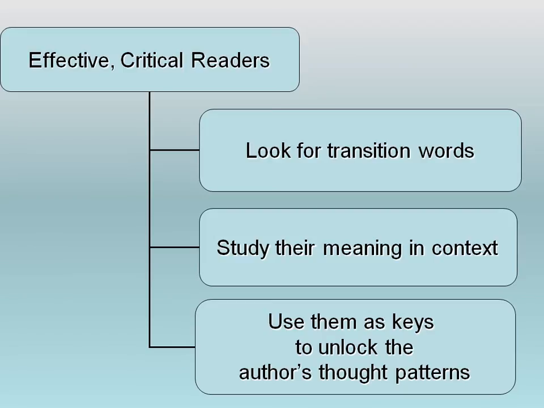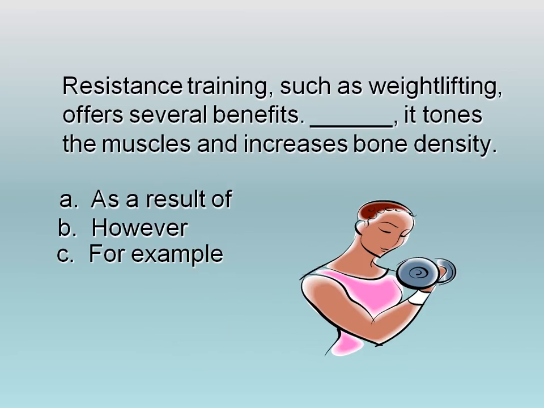Effective critical readers look for transition words, study their meaning in context, and use them as keys to unlock the author's thought patterns. Not only do transitions reveal the relationships of ideas within a sentence, they also show the relationship between sentences.